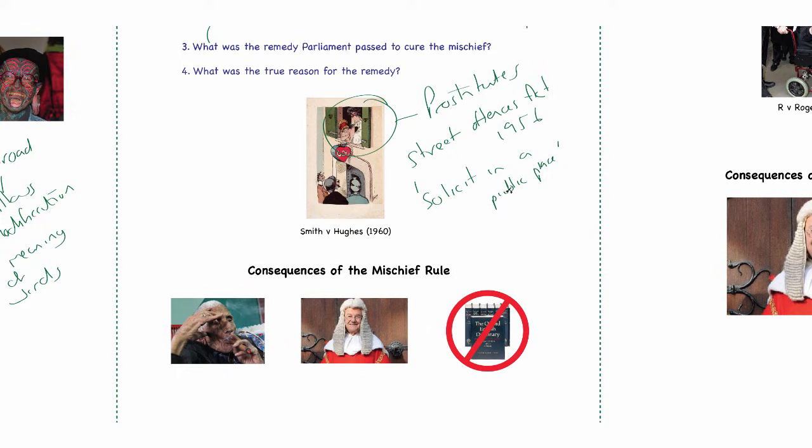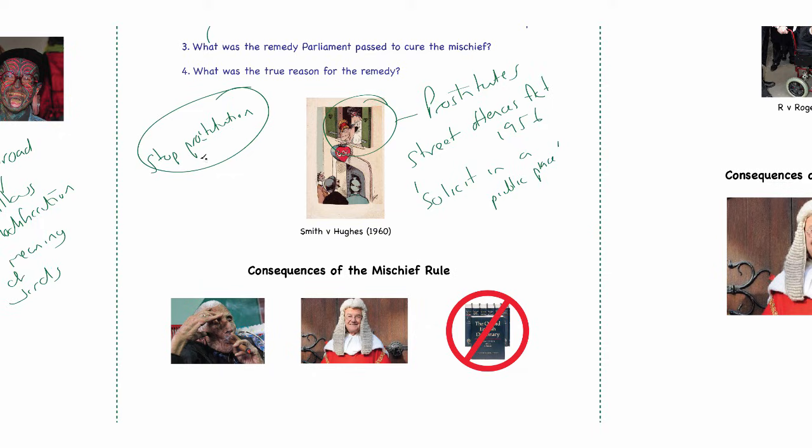So the judges looked as to what was the mischief that Parliament was trying to prevent. And quite obviously, in the Street Offences Act, Parliament was trying to stop prostitution. That was the mischief. Prostitution was the mischief. And particularly prostitution whereby prostitutes stand on the street and sell themselves on the street.